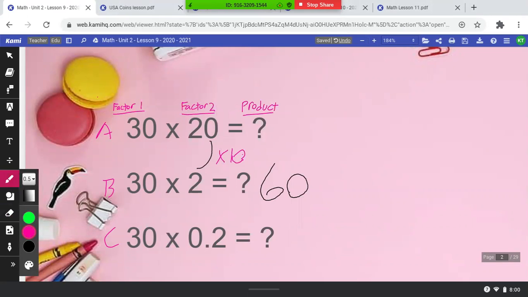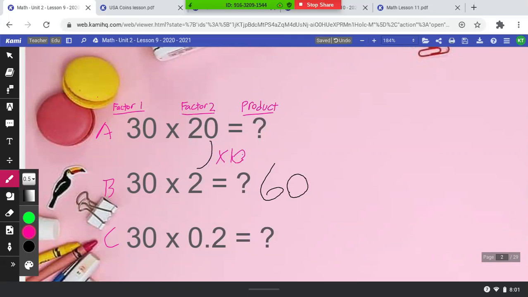So we are looking at the relationship between factor 2 and A, B, and C and see how it affects the product, our answer. Remember, when we multiply two numbers, we call them factors, factor 1 and factor 2. The answer is the product. Those were vocab words that we learned in Unit 1.